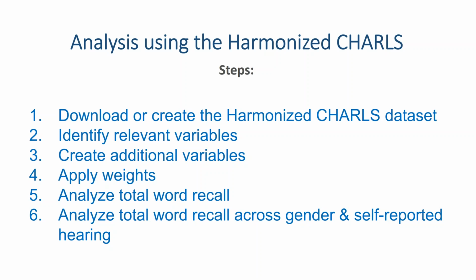So the steps we're going to go through: first, we're going to download or create the Harmonized CHARLS dataset, and we're going to identify the relevant variables. We're also going to create a self-rated hearing variable. And then we're going to apply weights and start looking at the mean total word recall in China by itself and across gender and self-reported hearing levels.